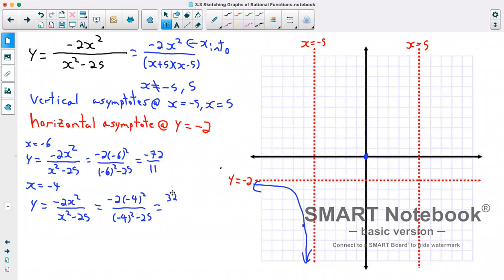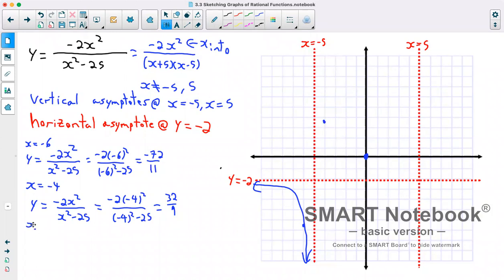That should give us 32 over 9. So graphing that, that should be at about here. Now, this is probably going to go like this, but we want to double check that it doesn't bend down and pass down here.